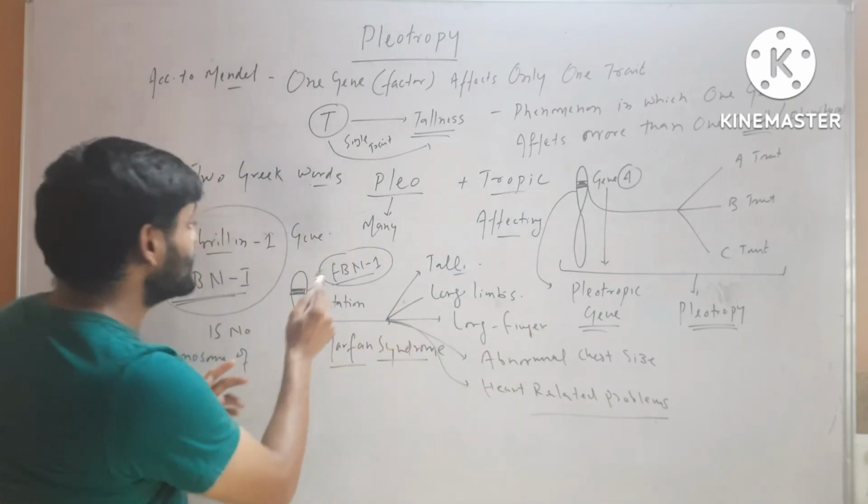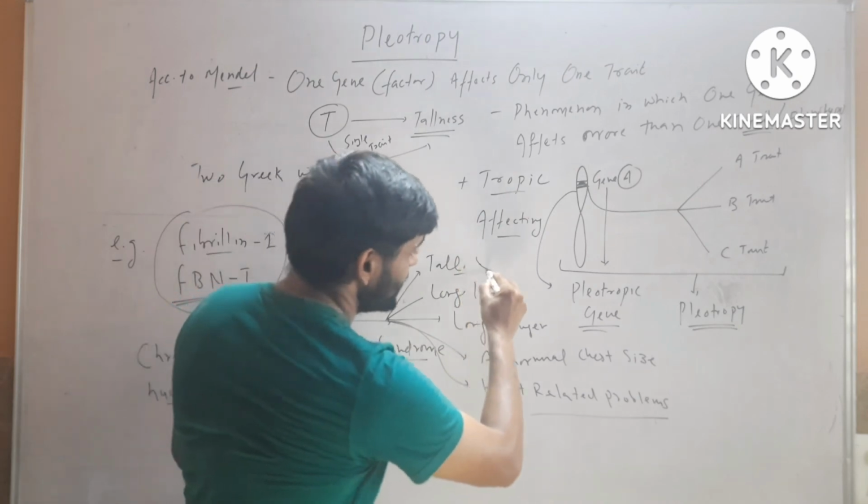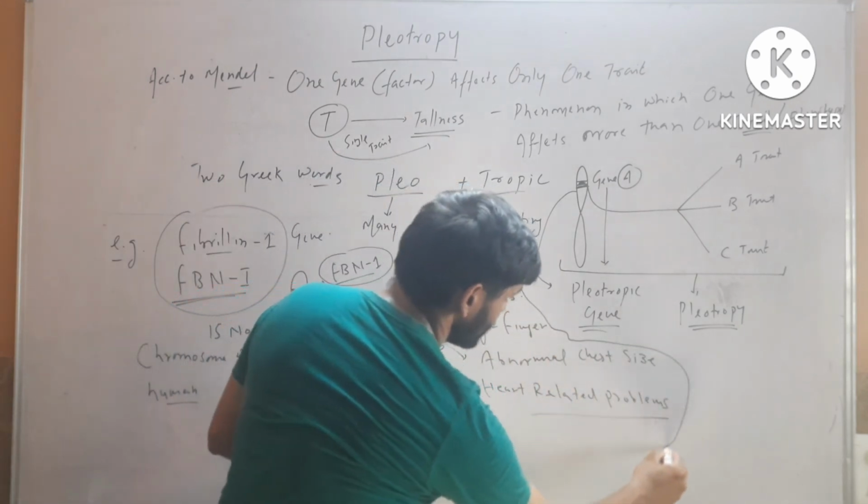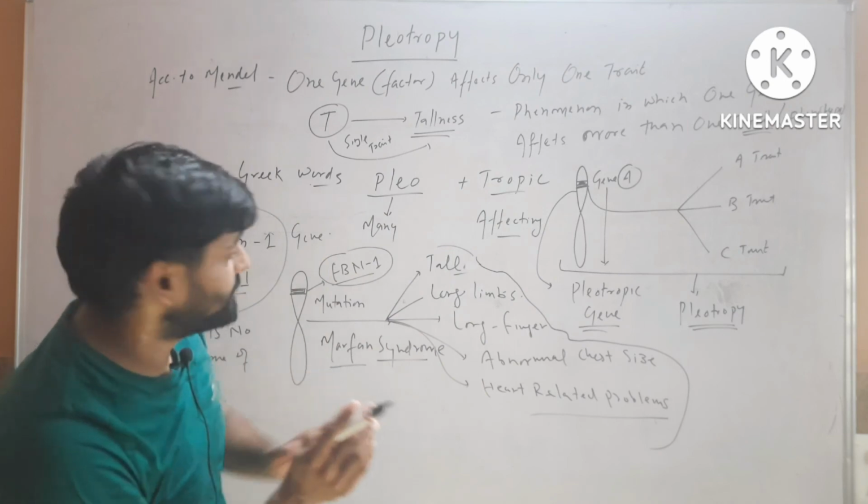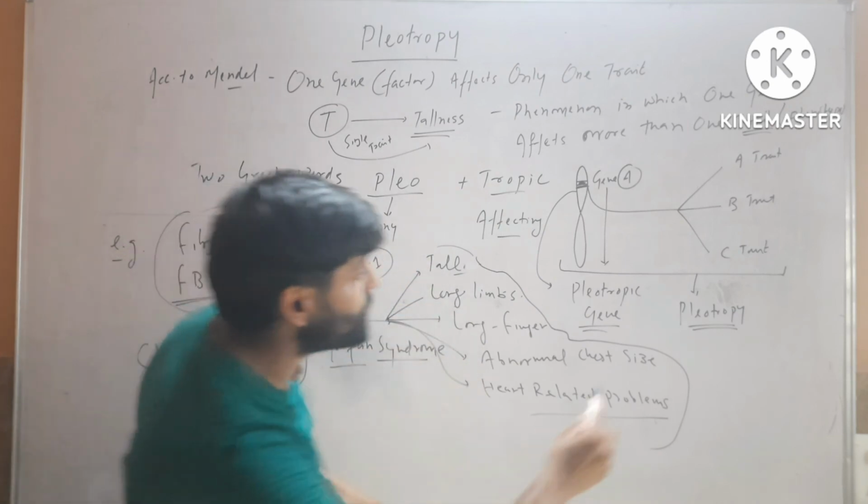So you can say that this one gene is affecting more than one trait. Here it is affecting 1, 2, 3, 4, 5 traits.